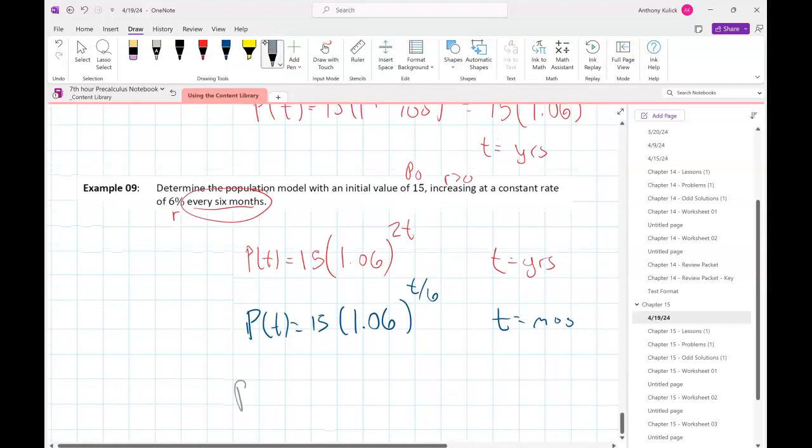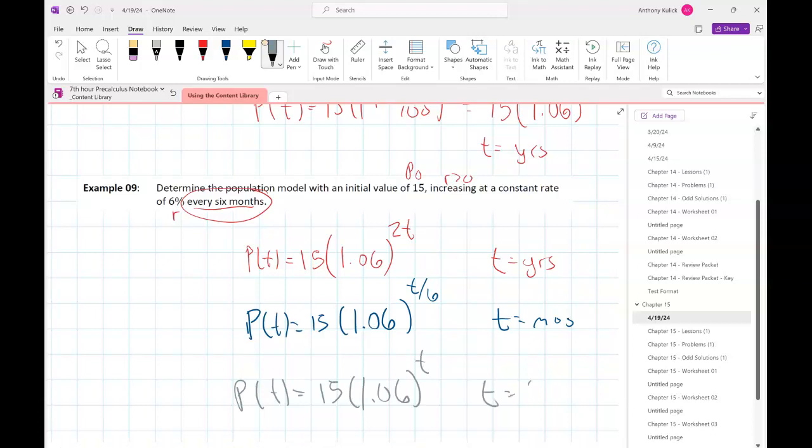Or what if I just said that? Now, this could be a hassle when actually solving, because if I get t equals 4.3, figuring out how many months that is now is a big pain in the tuchus, right?